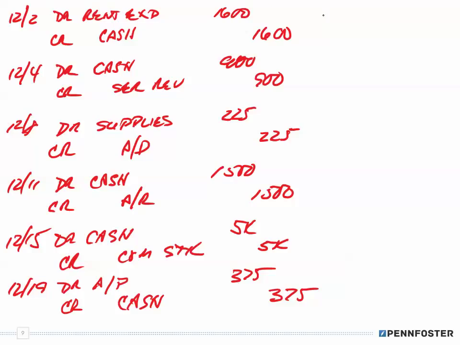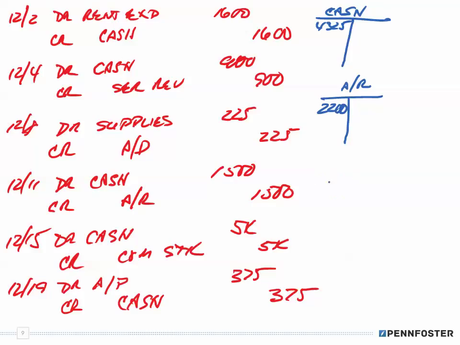So I'm going to have a T account for cash, and the beginning balance in that account was $43.25, and I have a T account for accounts receivable, and that beginning balance was $2,200.